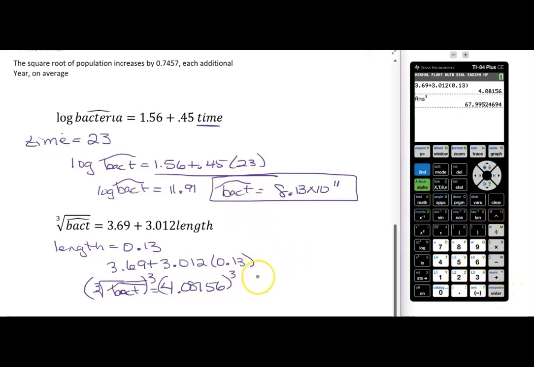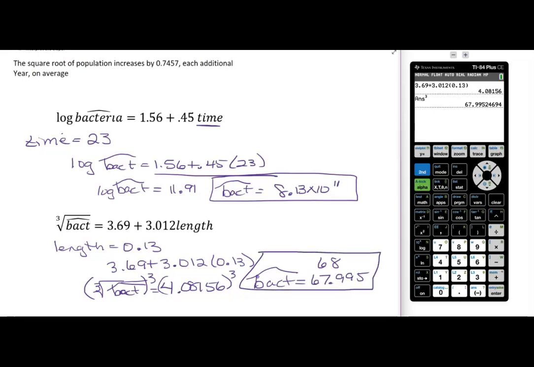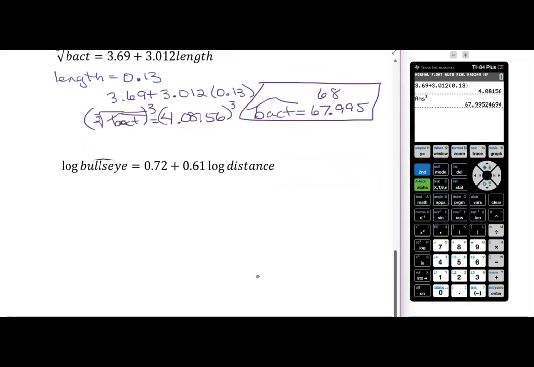And there's my answer. So my predicted bacteria is 67.995. So I would probably round that to 68. So again, you plug in, and then you do the inverse, and the inverse of the third root is the third power.